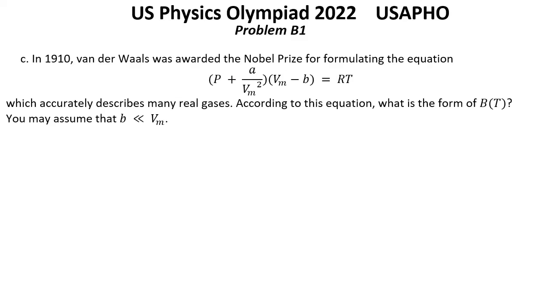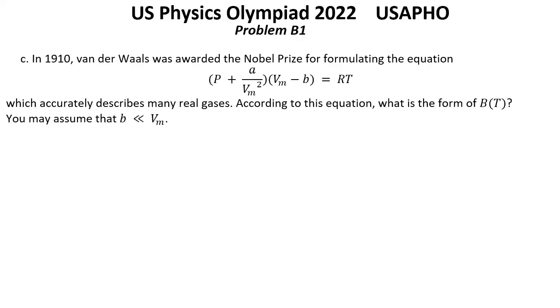Solution for question C. In 1910, van der Waals was awarded the Nobel Prize for formulating the equation by his name, which accurately describes many real gases. According to this equation, what is the form of B(T)? You may assume that B much less than V_m. Solution.